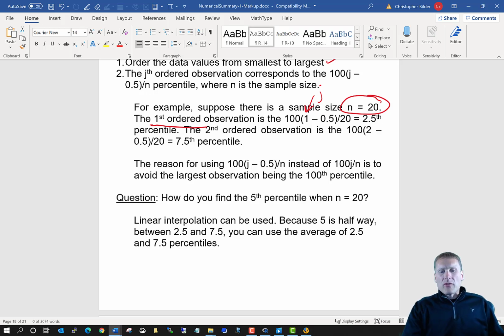One simple way would be to use what's called linear interpolation. Don't worry, I'm not going to ask you to ever do that on a test or anything. In this particular case, since 5 is halfway between 2.5 and 7.5, what you could simply do is take the average of the values corresponding to the 2.5th and 7.5th percentiles, and there's your 5th.